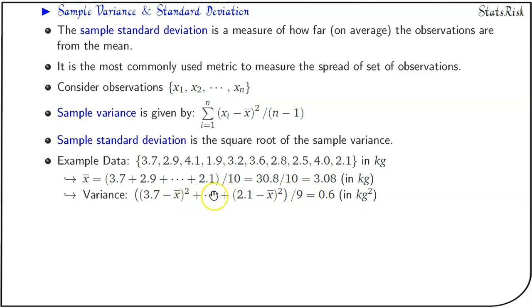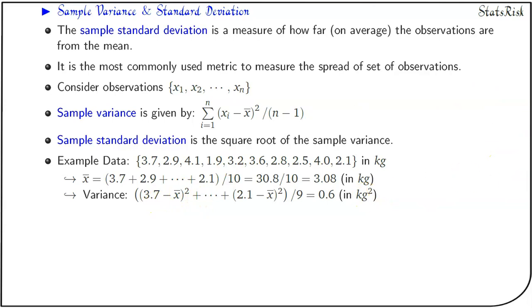And when we do this division, we get 0.6. And the unit of the variance is the square of the unit of the observations. That's why we have kilogram squared here. The square comes from the fact that we have squared these differences.